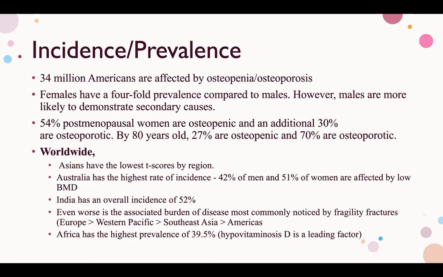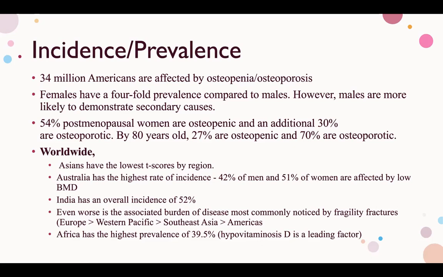In the US, over 34 million Americans are affected by this, with females having a fourfold prevalence compared to males. However, males are more likely to demonstrate the secondary causes listed above, due to smoking and high rates of alcohol abuse. 54% of menopausal women are osteopenic, and an additional 30% are osteoporotic.